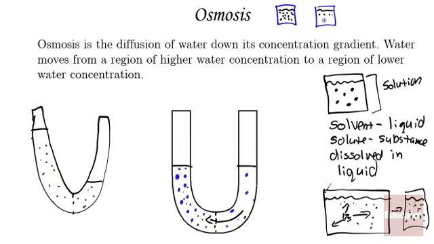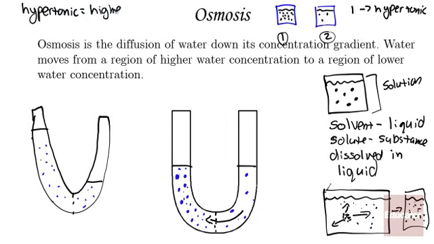This other one, solution 2, only has a much lower solute concentration. If I compare the two, I say that number 1 is hypertonic. So it has a relatively high solute concentration relative to number 2. So a hypertonic solution has the higher solute concentration.